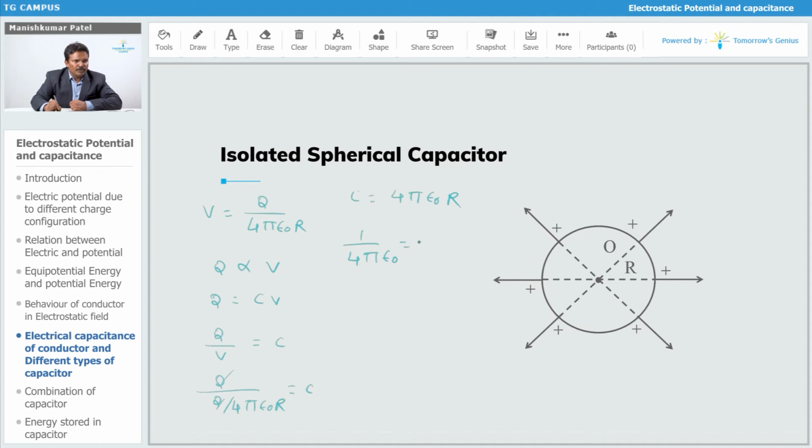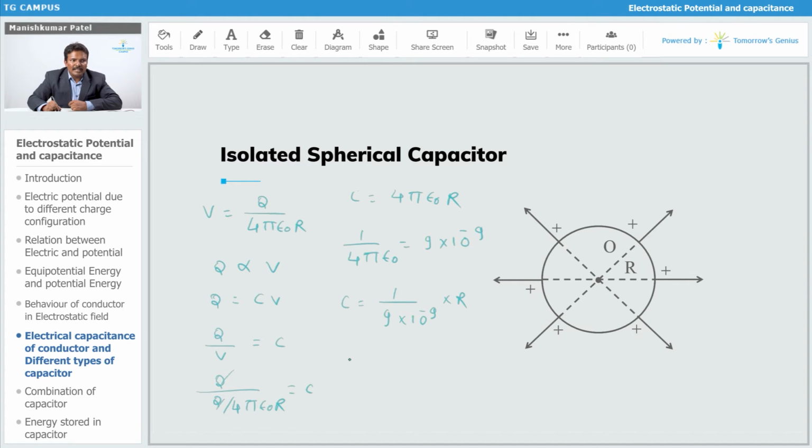Again, we know the value of 1 upon 4 pi epsilon naught, which we generally write as 9 into 10 to the power 9. With this value, if you put it over here, obviously the capacitance is 1 upon 9 into 10 to the power 9 into R. That's why we say that to make a capacitor of 1 farad, you require a very huge radius, almost the size of the earth.